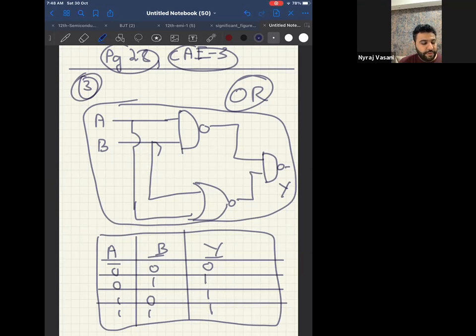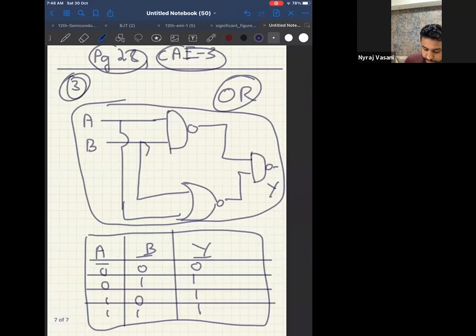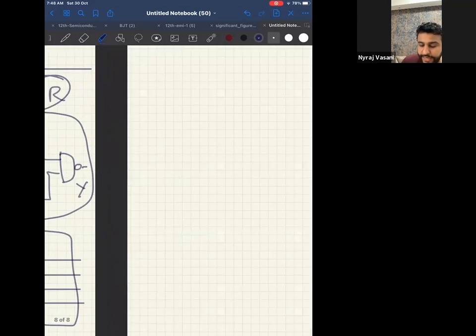Okay. We will do one more from the same exercise. The question is, the input A and B is fed to a NAND gate. Draw the output.